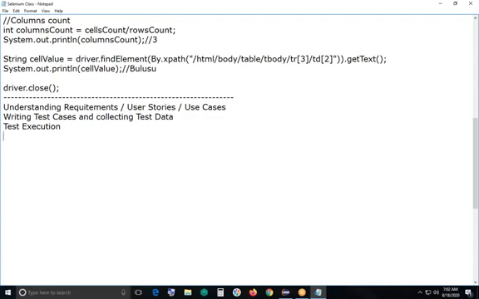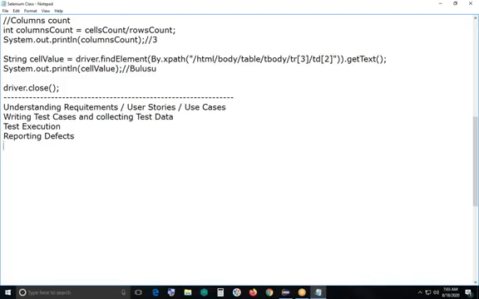After test execution, log the bug. If you find any deviation from expected, report defects.